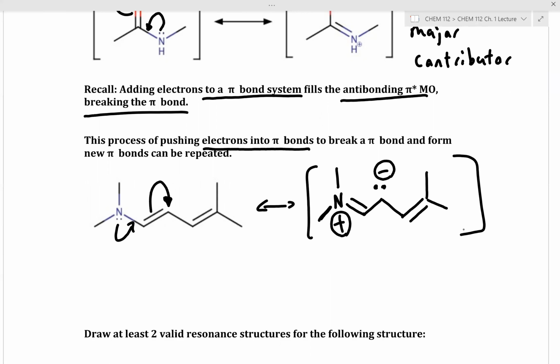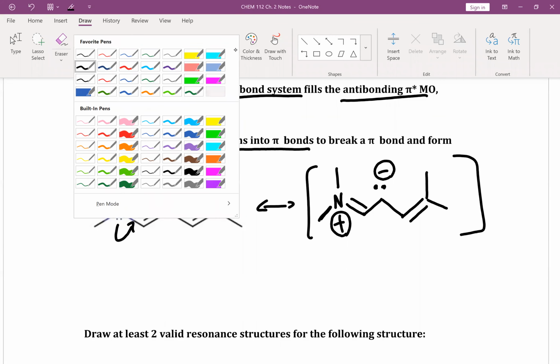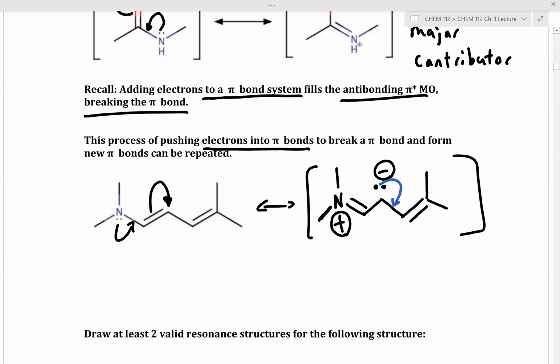Now, can we draw another resonance structure? Do we have a new lone pair adjacent to a double bond? Yep. So can we repeat this process? Yes. So let's change pen colors for that, just to showcase the second step of this process. So we're going to take our lone pair, we're going to kick it down to form a double bond. And now our previous double bond gets broken, and our lone pair electrons get kicked off to this carbon here.